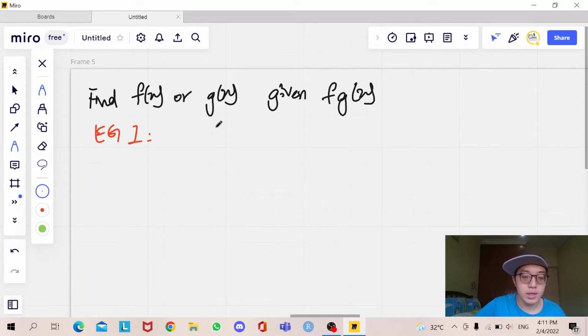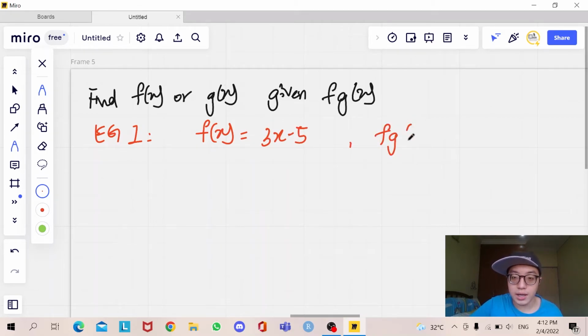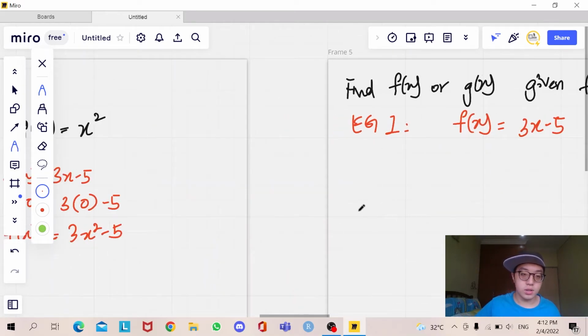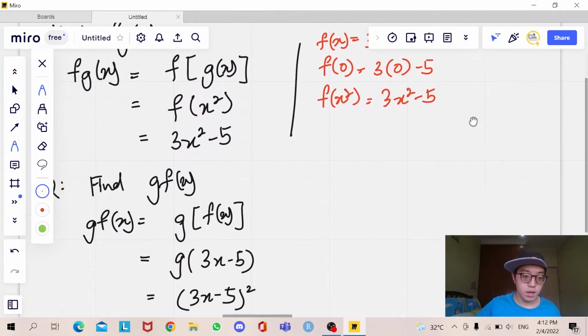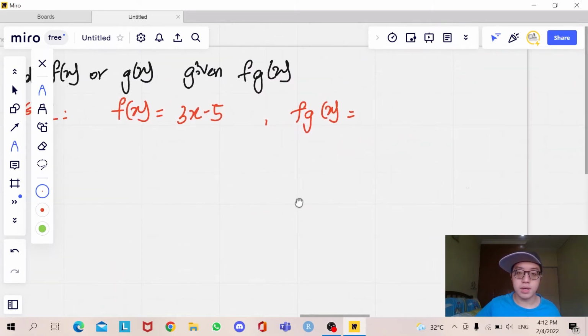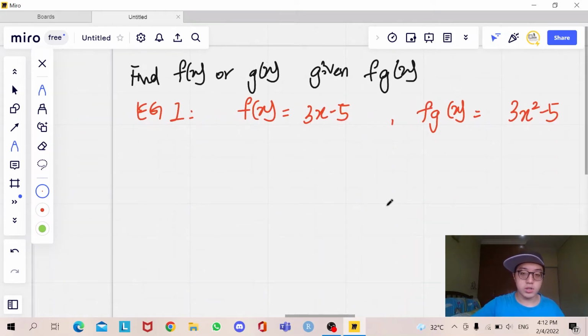It's given like just now, f(x) is equals to 3x minus 5 and fg(x) is 3x squared minus 5. So the question will ask you to find g(x).